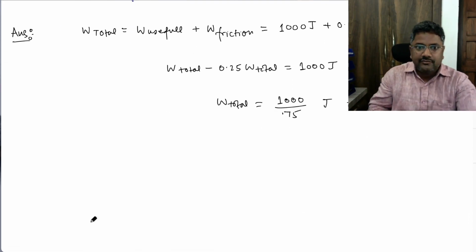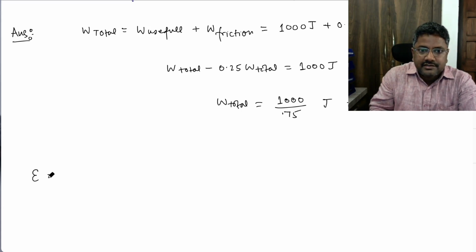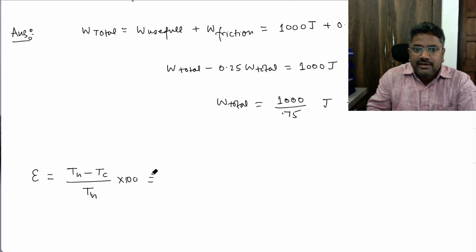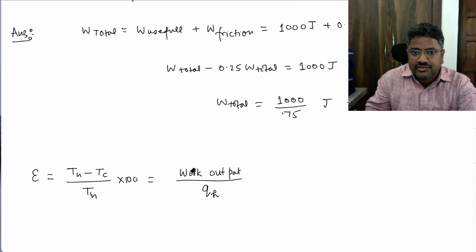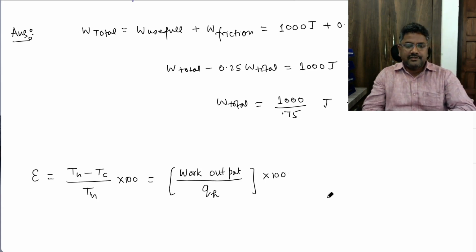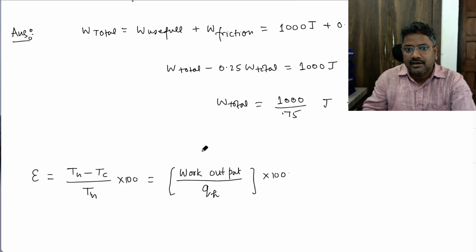So efficiency is equal to TH minus TC by TH into 100, is equal to, we can write, total work output divided by heat input, or QH, we can say, into 100, right?